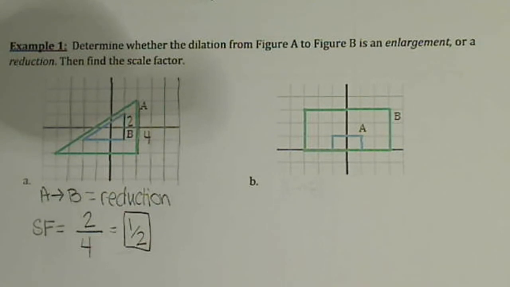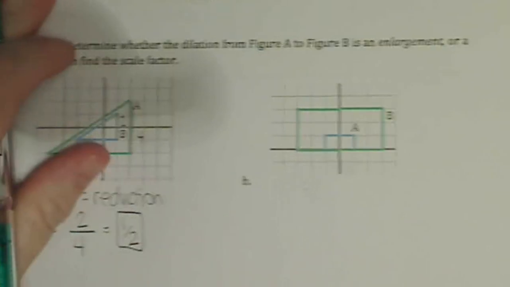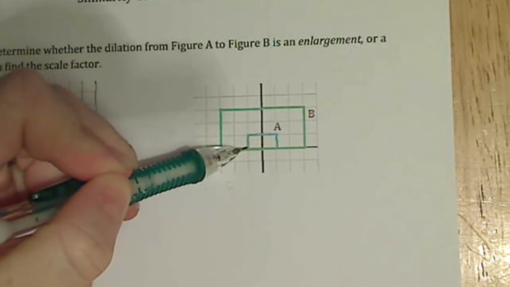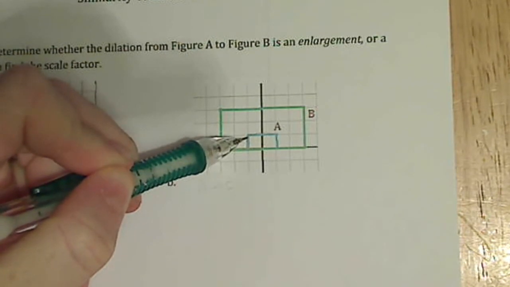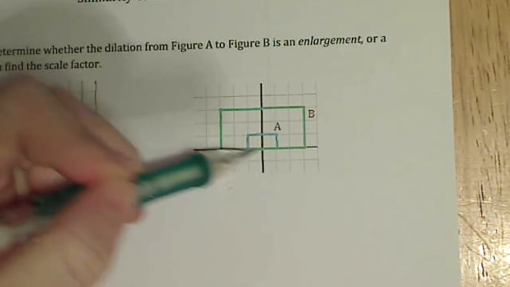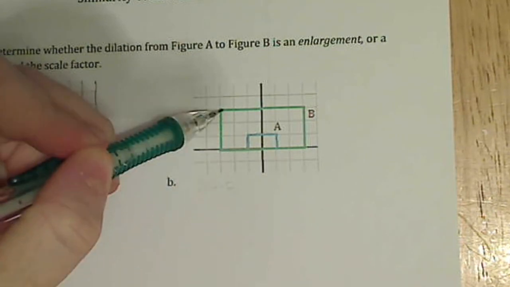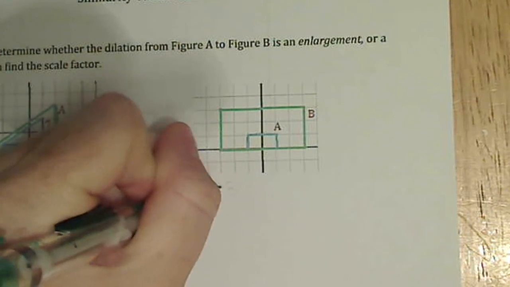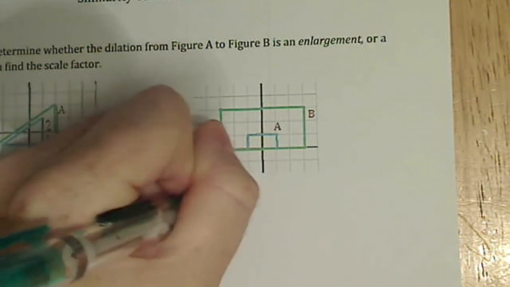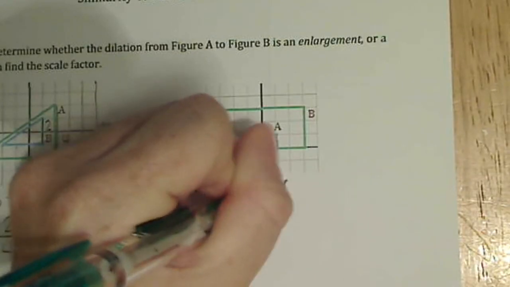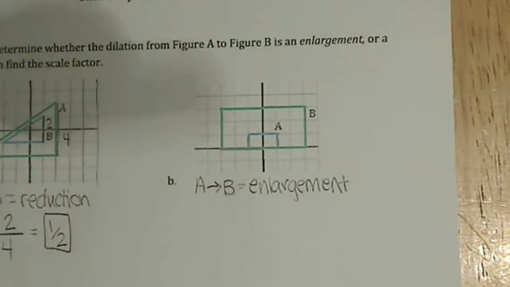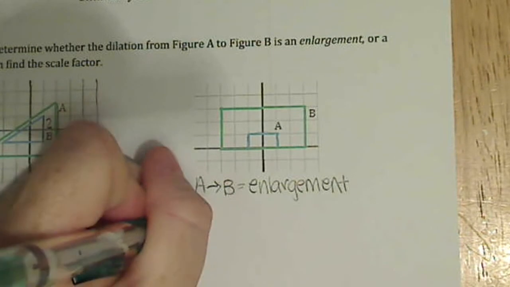Let's try letter B. Letter B, my original shape is this blue rectangle. This tiny little rectangle. My dilated image is this much larger rectangle. So since it got larger, we call that an enlargement. I need to find the scale factor.